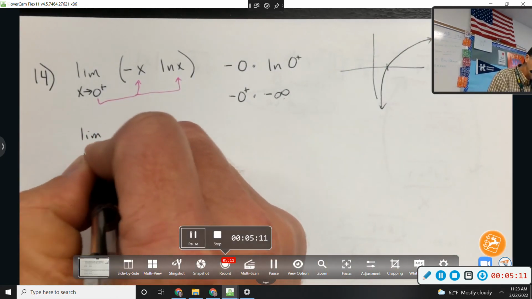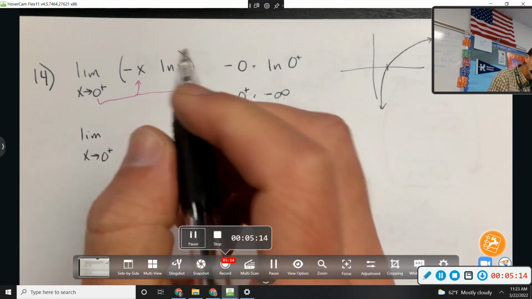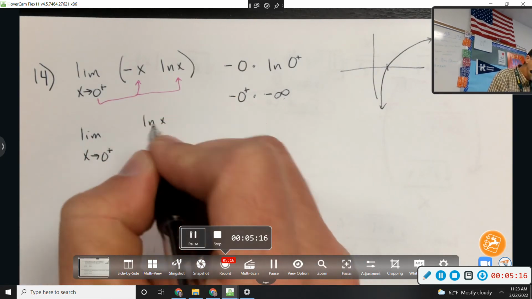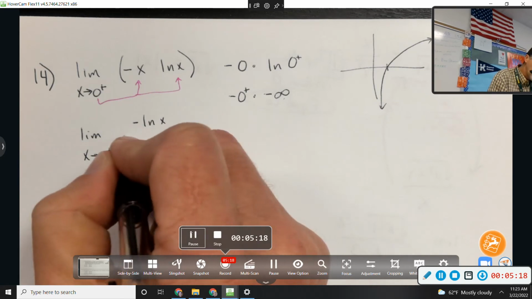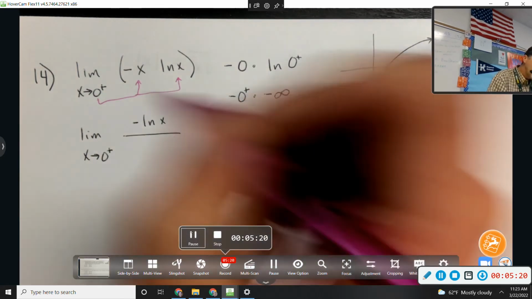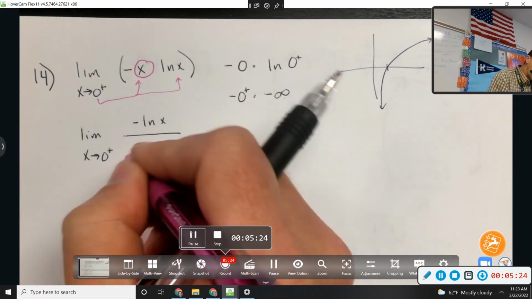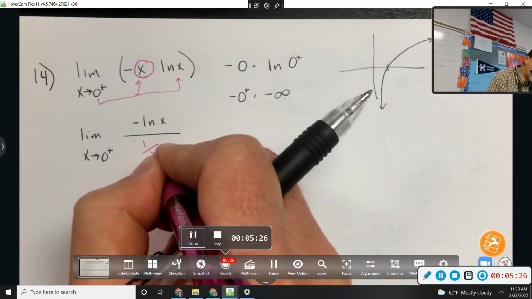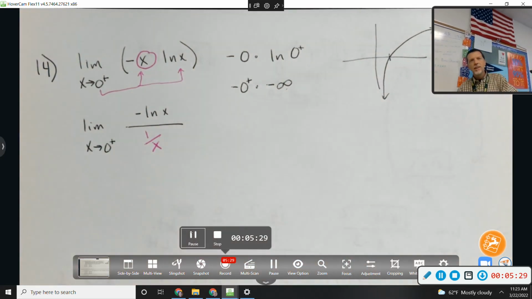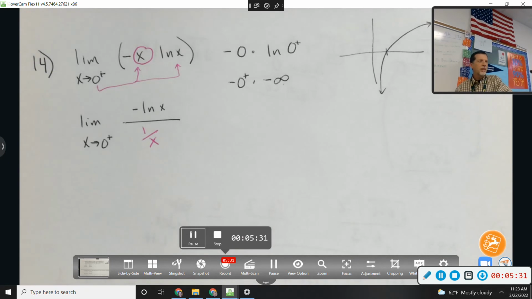So we're going to do a trick that I didn't show you yesterday. Let's just leave the negative in the top. But I could rewrite x as 1 over x in the bottom. And initially you'd be like, well, why would you do that?